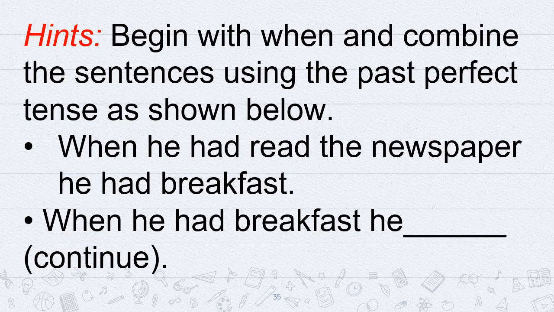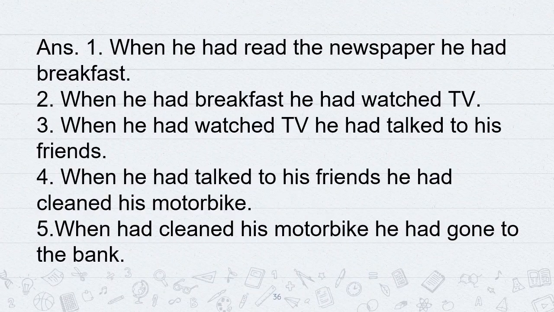When he had read the newspaper, he had breakfast. When he had breakfast, he dash, and so on, continue. So the answer is first, when he had read the newspaper, he had breakfast. Second, when he had breakfast, he had watched TV.